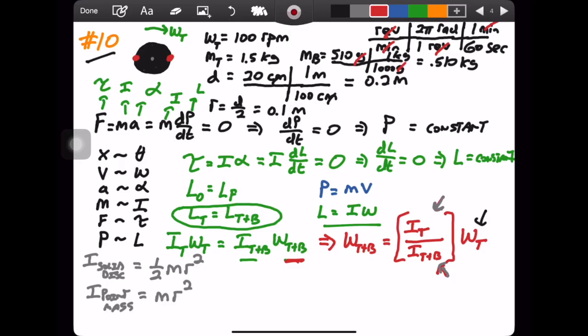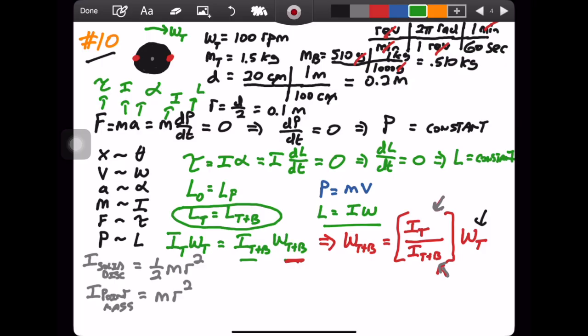Just to review, I hope I didn't confuse you here. I have conservation of angular momentum, which says that the angular momentum of just the turntable equals the angular momentum of the turntable plus block combo. Angular momentum before equals angular momentum after, where the event was that the masses fell down and stuck. And then I said angular momentum can be expressed as I omega, just as linear momentum P can be expressed as mass times velocity.